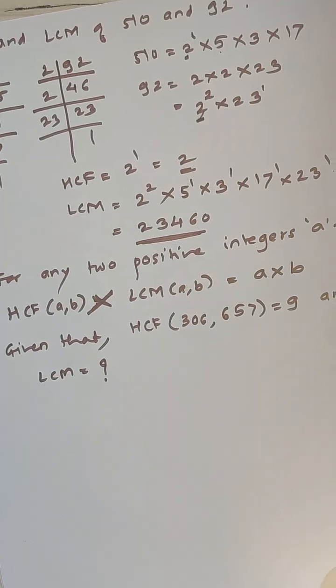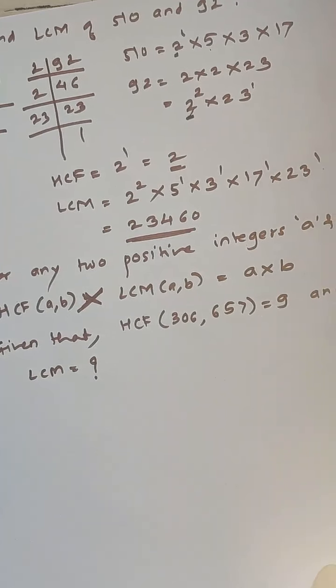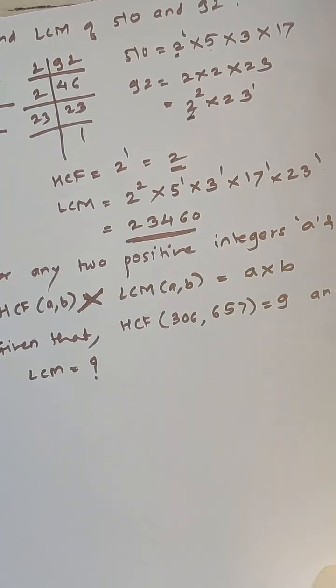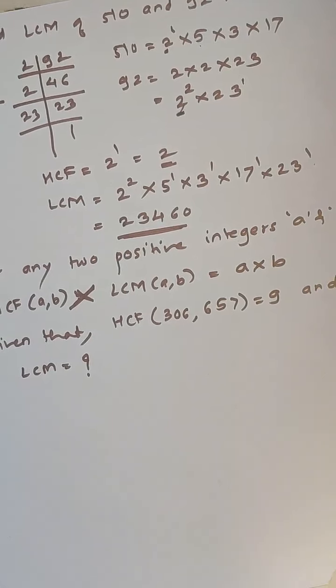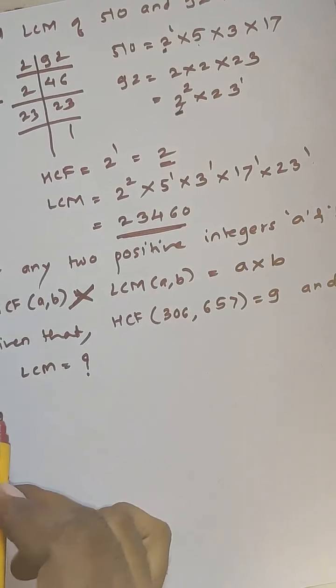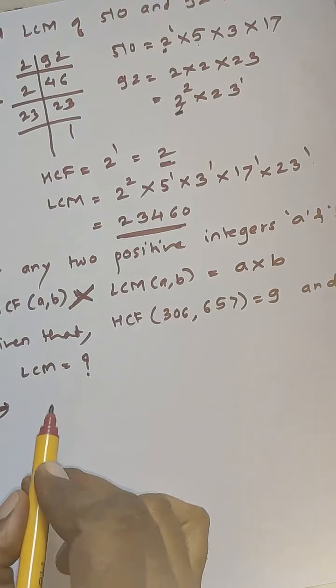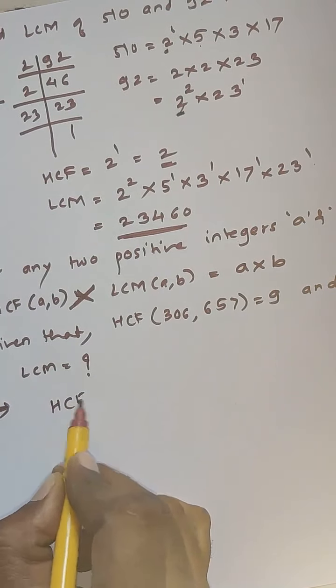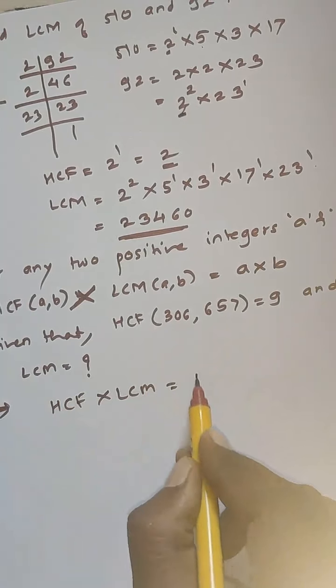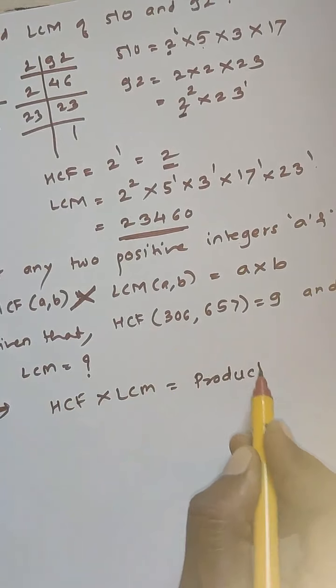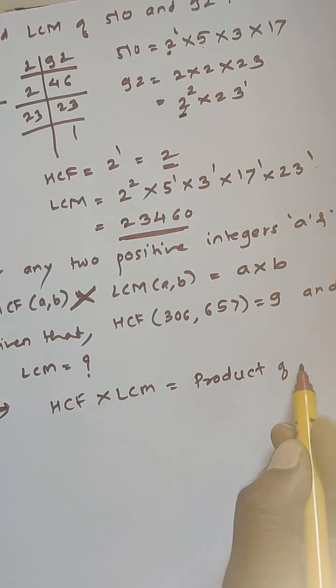It is given the HCF of the two given numbers, 306 and 657, is 9, and we have to find the LCM. So here we will use the property that HCF into LCM is equal to the product of the given numbers.